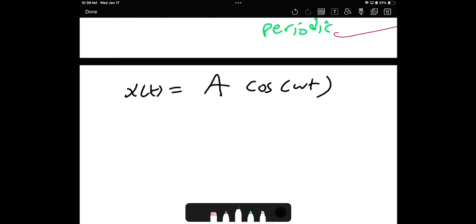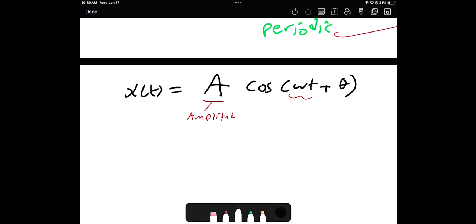This is the overall waveform of the sine or cosine. I think you are familiar with this from circuits class. A is the amplitude, and I can add plus alpha or plus theta, something like that.